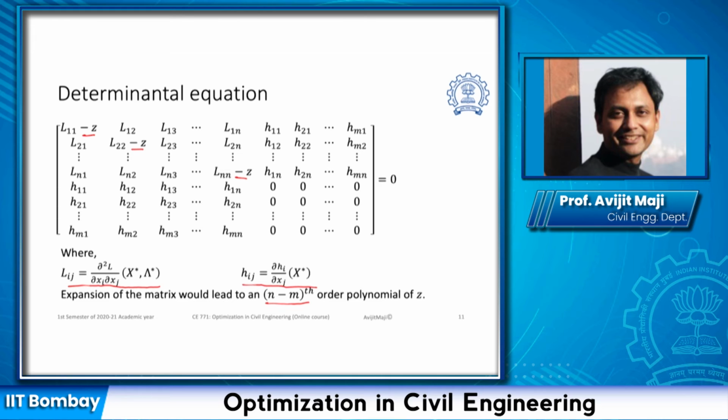In the third case, if some are positive and some are negative, then x star is not an extreme point. With this, let's look into an example to understand this problem better.